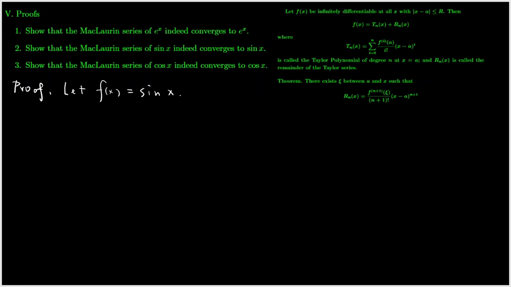You need to recall something from last week, what we mean by a Taylor polynomial of degree n at some a value. In this particular case, we're talking about Maclaurin series, so the a value is equal to 0.